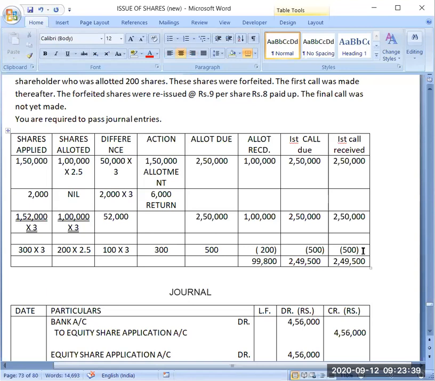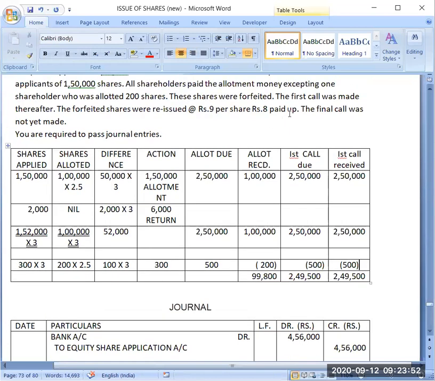And if no money is due, then also you will not be receiving any money from them. No money due, no money received from them. That has been subtracted from the total due and total received. That is simple. Okay. So now first you tell me how much amount per share you will receive in bank.